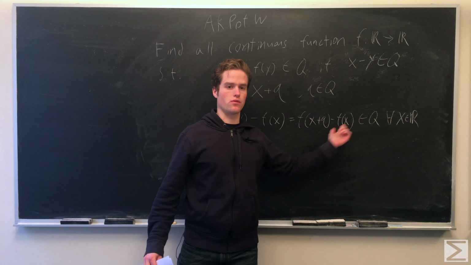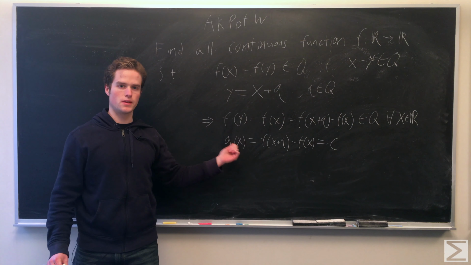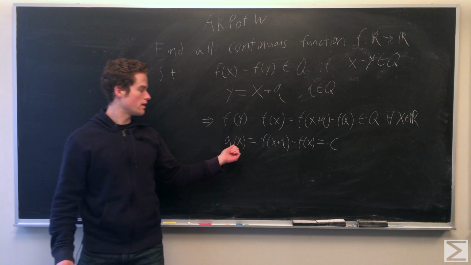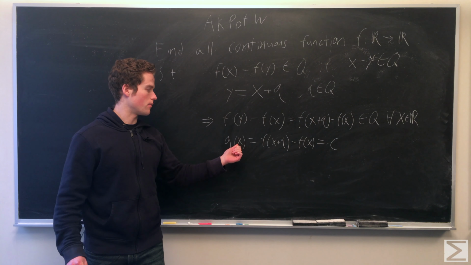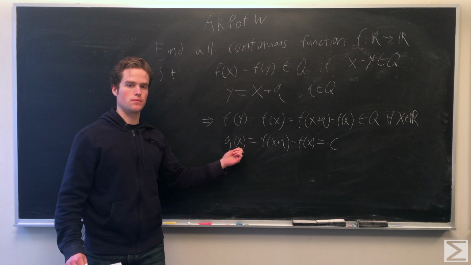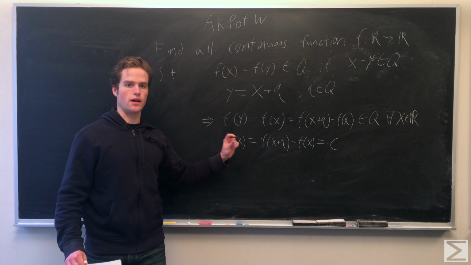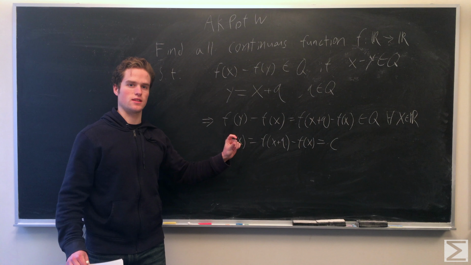So defining g of x equals f of x plus q minus f of x, this function g of x must be a constant for all real numbers x, because we're assuming these are continuous functions we're working with. So g of x is continuous. By the intermediate value theorem, if we have two points, g of x1 and g of x2, which do not equal each other, then we can find some g of x3 with any value between g of x1 and g of x2.